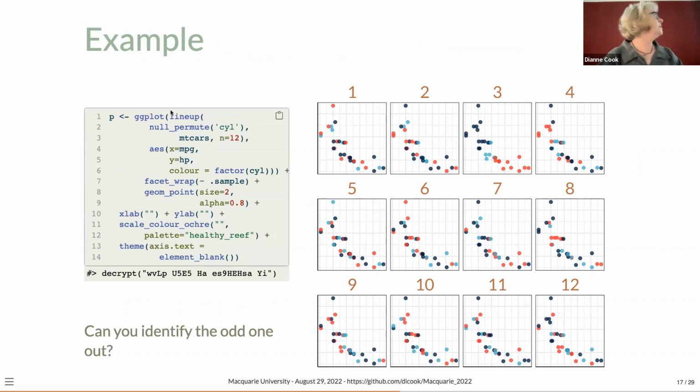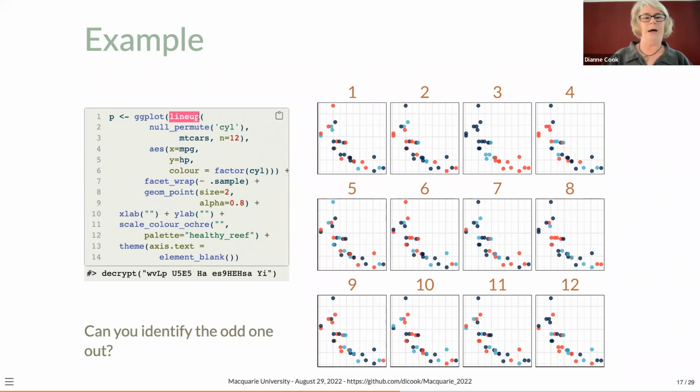Here's an example using the mtcars data set, a common one available in the tidyverse. It's using a permutation as the null generator, taking one variable and scrambling those values relative to the other variables.